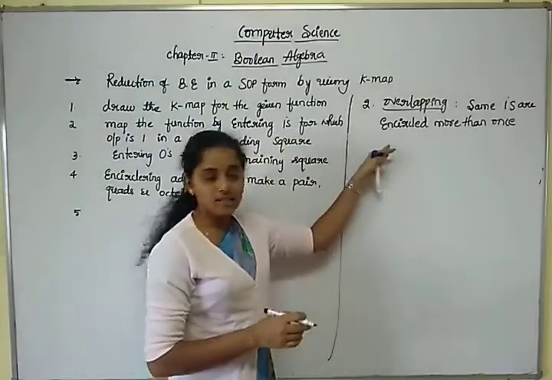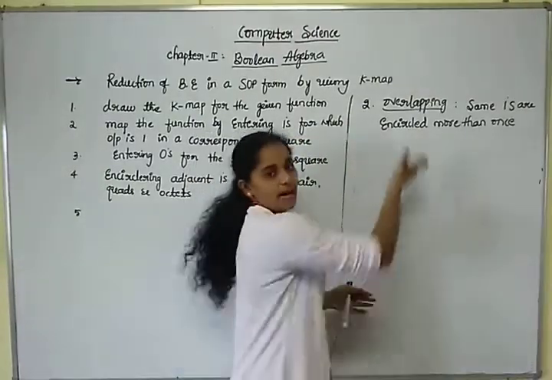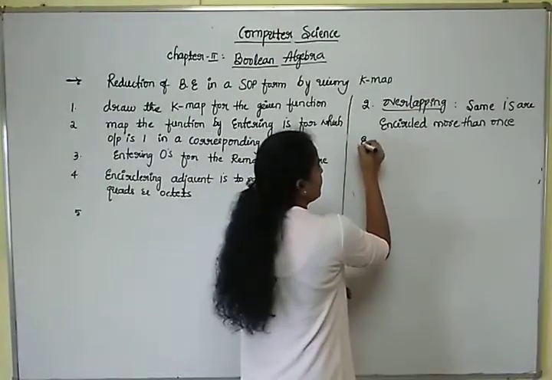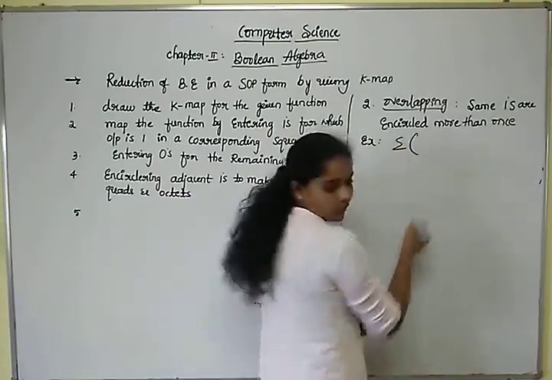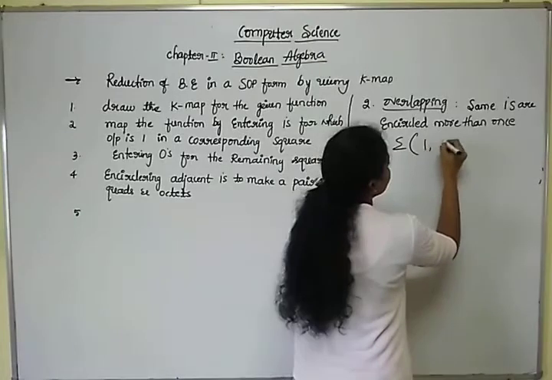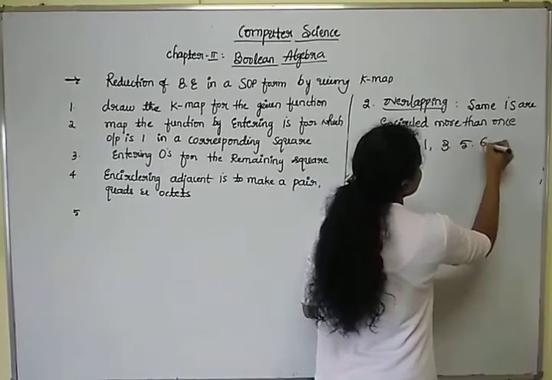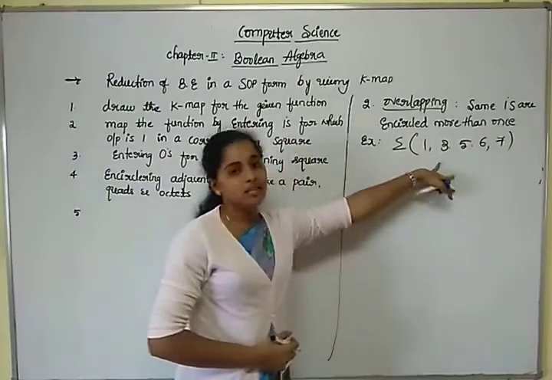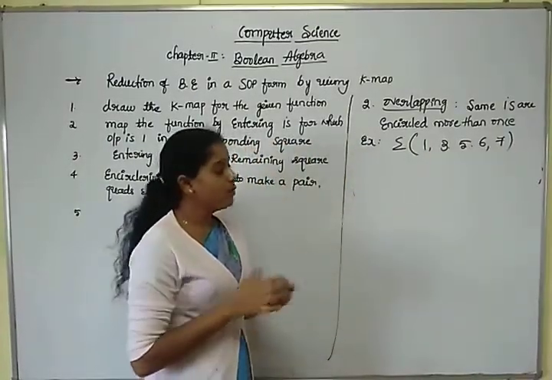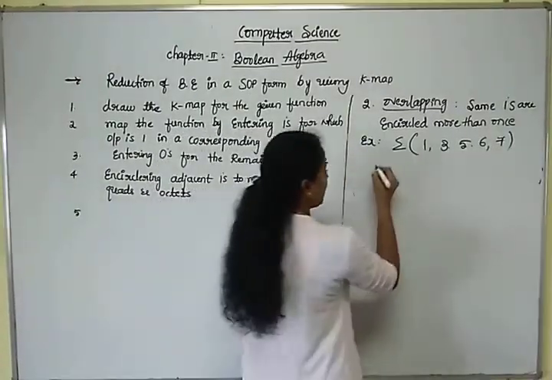Now let us consider one example to understand this overlapping. The given function is 1, 3, 5, 6 and 7. Now draw the K-map for this function.